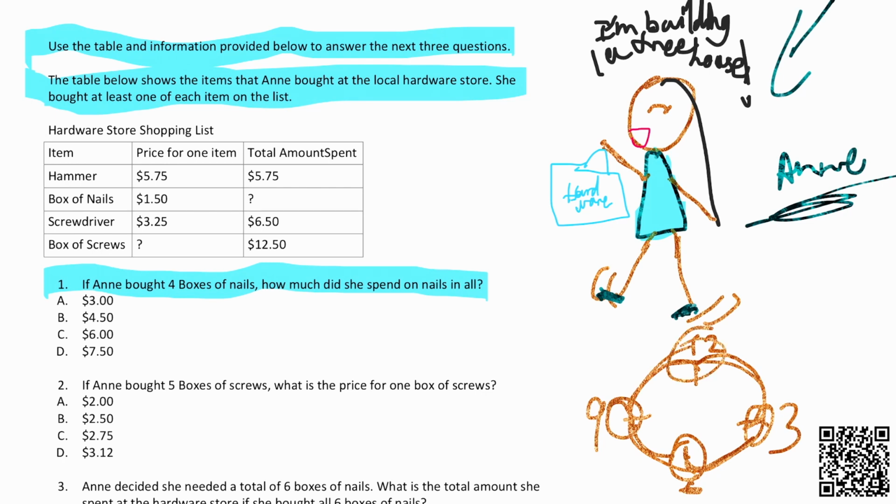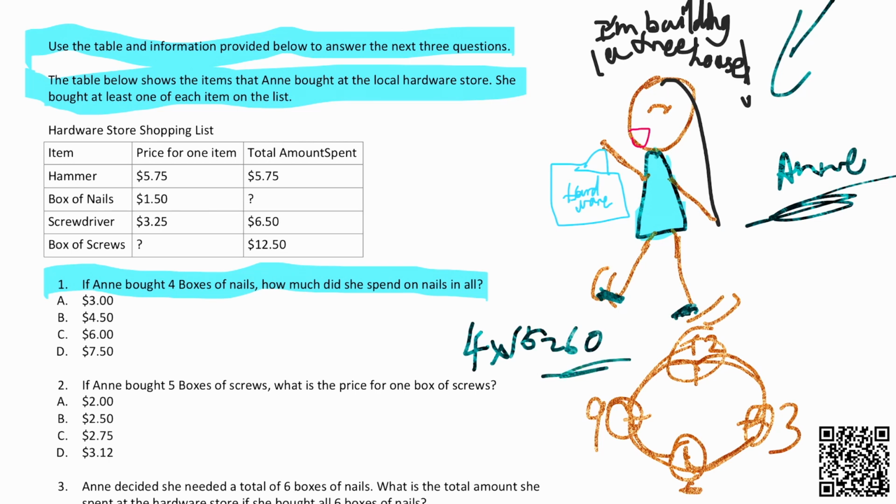Which is basically 60 minutes, because an hour is 60 minutes. So 4 times 15 would equal 60.